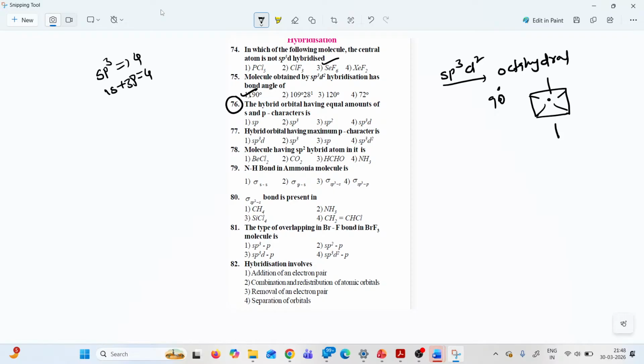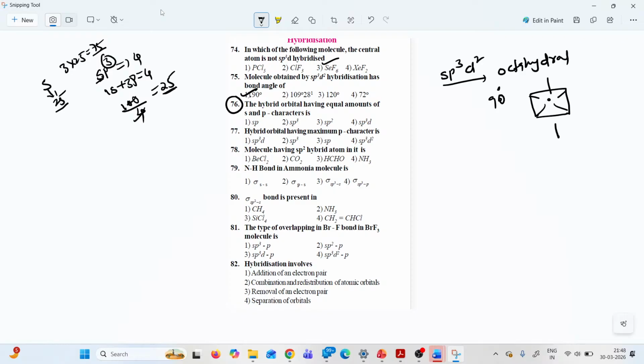Percent is always calculated out of 100. 100% divided by 4 gives 25, so each orbital is 25. There is 1 s orbital, so s character is 25. There are 3 p orbitals, so 3 into 25 equals 75. So p character is 75 and s character is 25 in sp3.